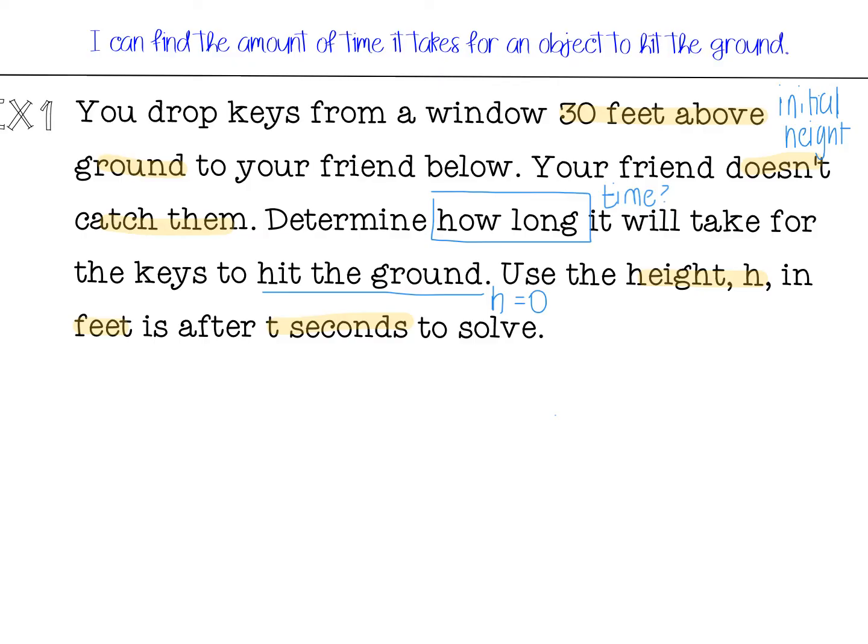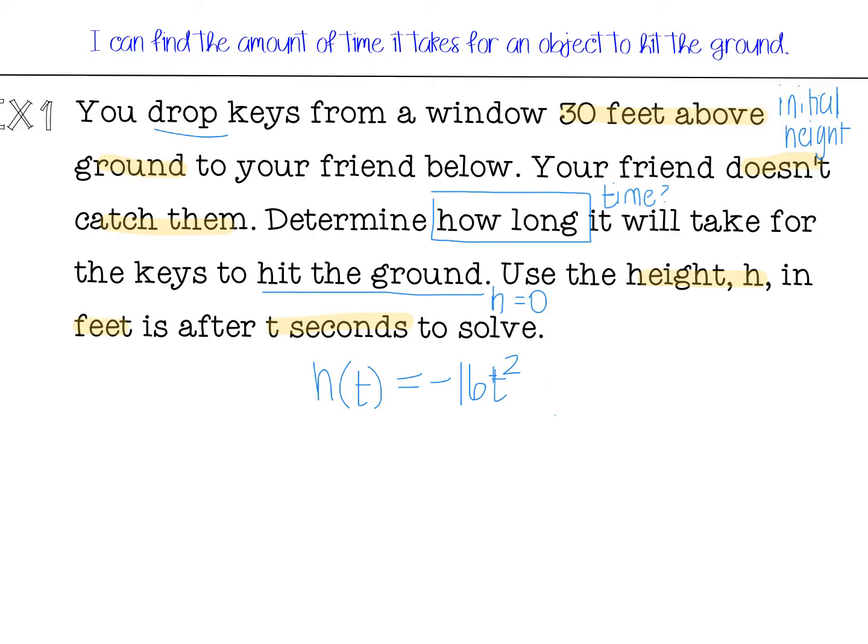All right, so let's put this all into the equation. So I know I have h of t equals negative 16 t squared. That will always be the case because that's talking about gravity. Then we add on the velocity times the time. Well, the velocity, if I am dropping keys, there is no velocity. So I could say plus 0t, but 0 times anything is just going to be 0.